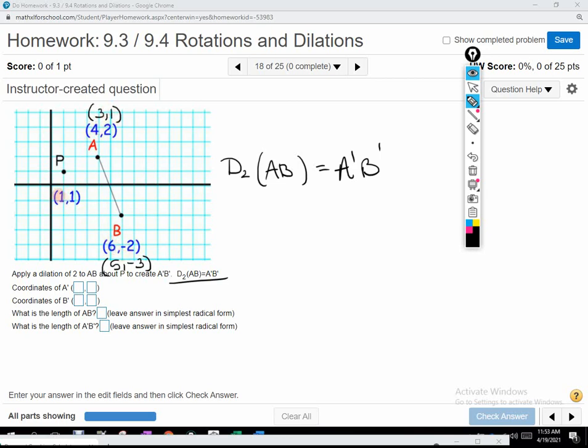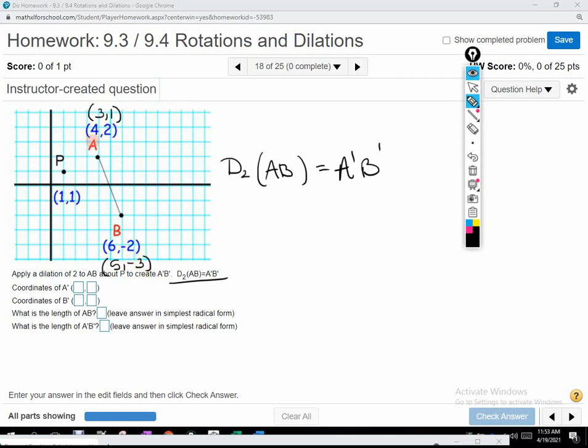If I go 6 minus that one, and then negative 2 minus that one, it'll give me my negative 3. Which makes sense, because if I go from P to A, I go over 1, 2, 3, up 1, which is that ordered pair there. If I go from P to B, it's 1, 2, 3, 4, 5, and then down 1, 2, 3. So 5, right, down 3.